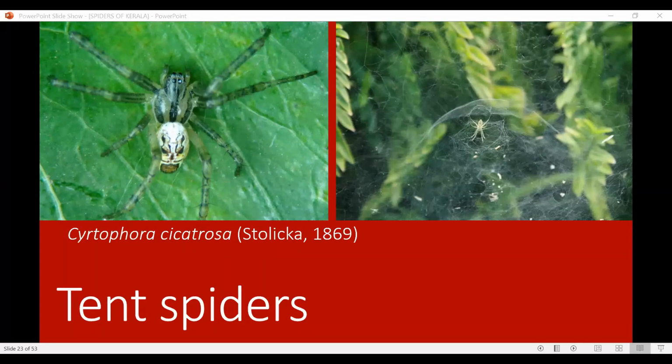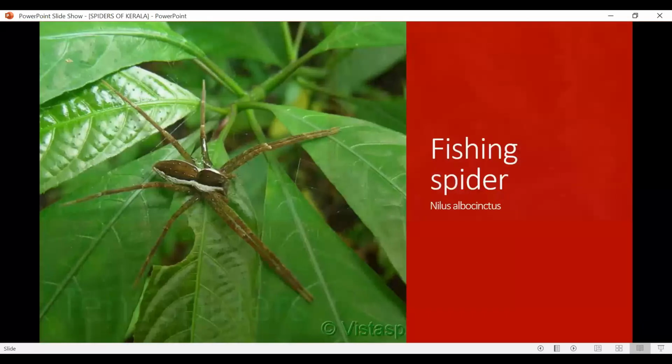The next one is the case of a fishing spider. In the case of fishing spider, many of you might have seen, this is a very interesting species because it has the nature of collecting or capturing fish, because they will be waiting at the edge of a pool or edge of a river stream.